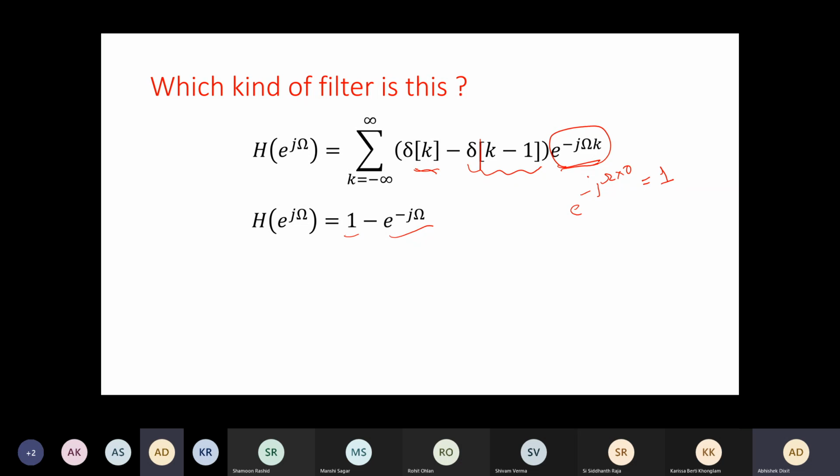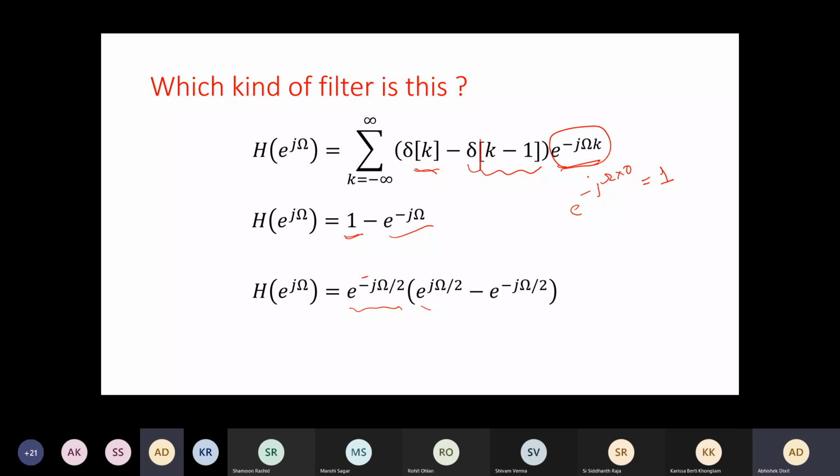Now once you know this, we can arrange this in nice form. What I have done is I have pulled out e to the power minus j omega by 2. So to get 1, I need to multiply this with e to the power j omega by 2. I have to compensate for this negative sign.